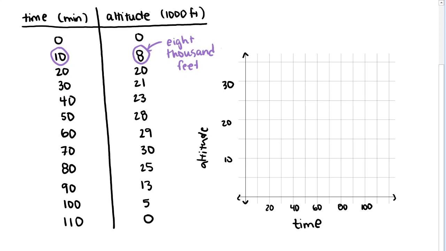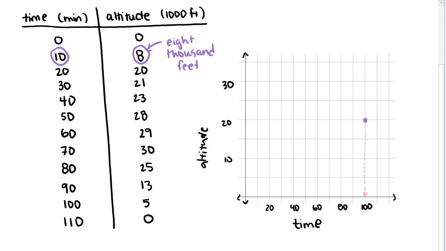This isn't a point from the table, but just to give you an example, if I plotted a point here, this would be like saying that the plane, after 100 minutes, since time is described in terms of minutes, is located relative to the 100th position on my time axis.